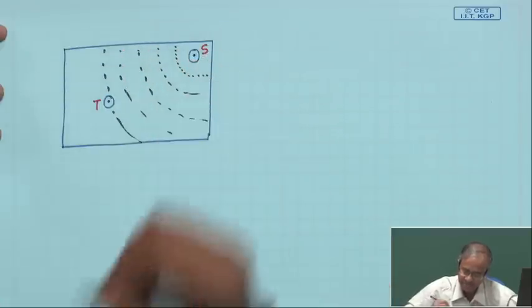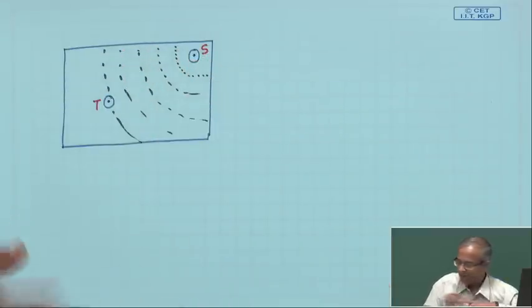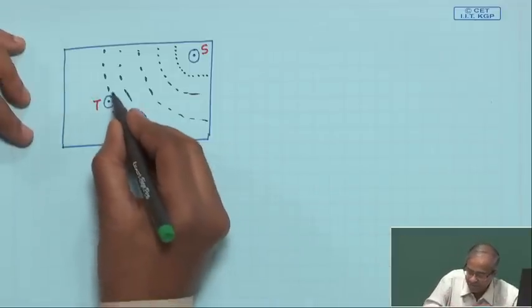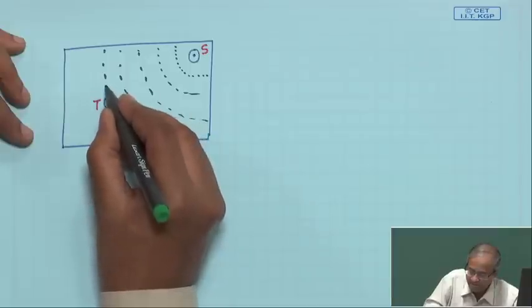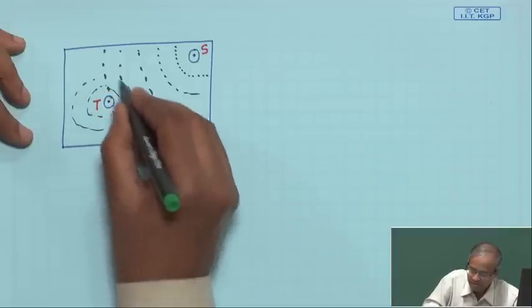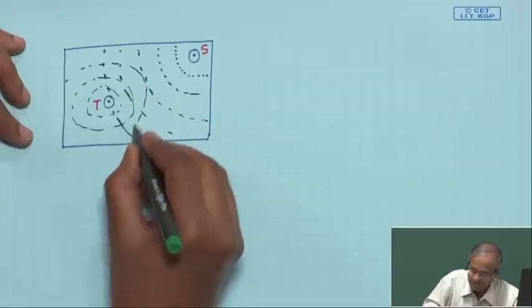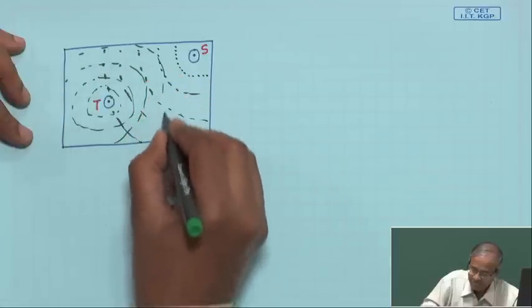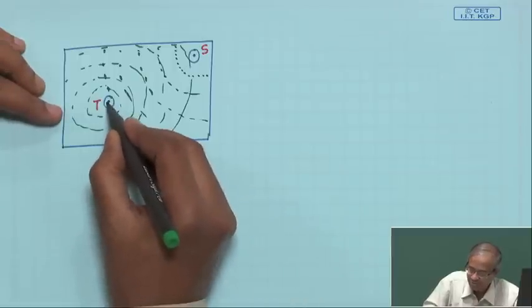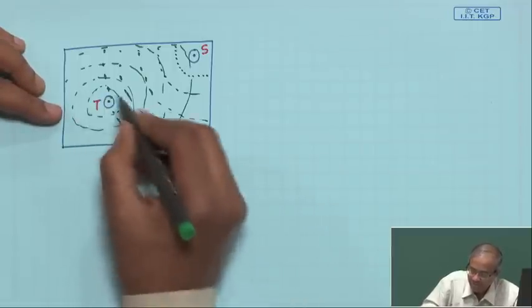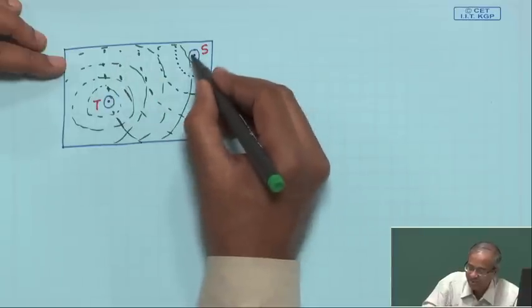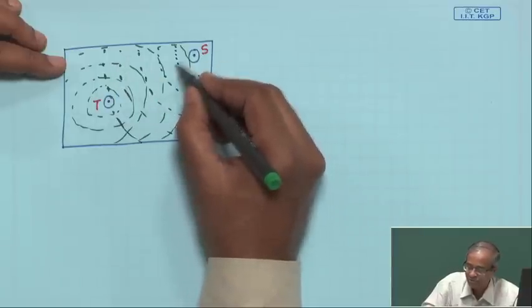Then you reach T. But if you start with T, you will see that the wavefront can move in all 4 directions, like 1, then 2, then 3, then 4, like this, which means if you start with T, you will have to label a much larger number of cells as compared to the case when you start with S.